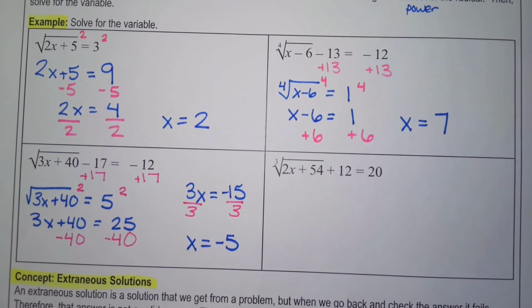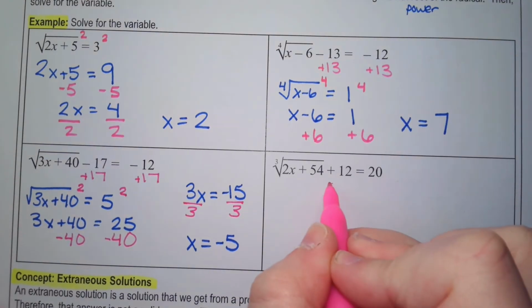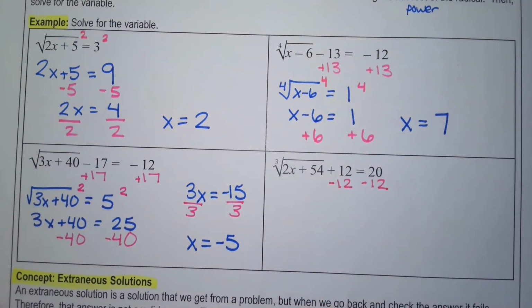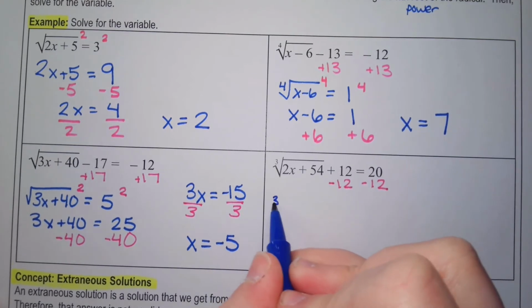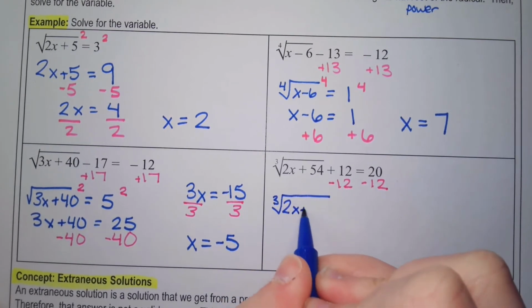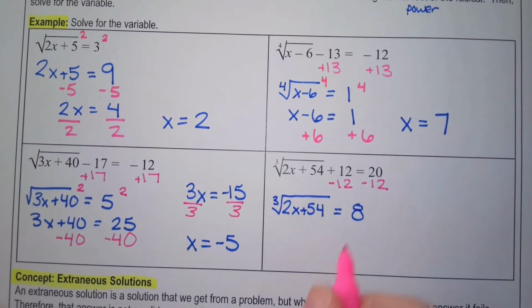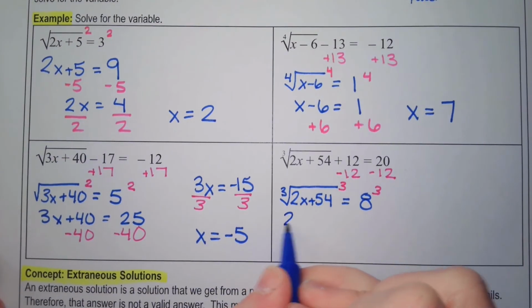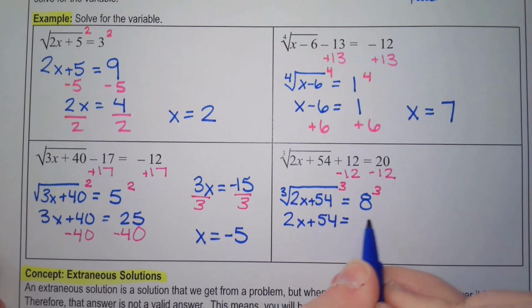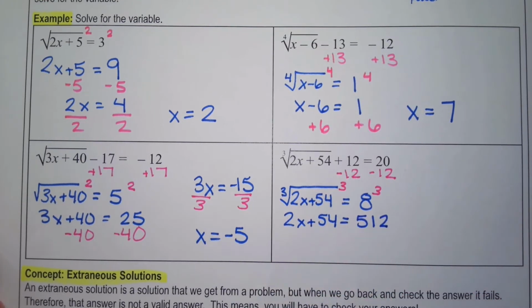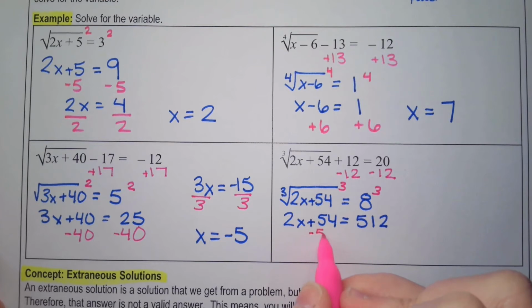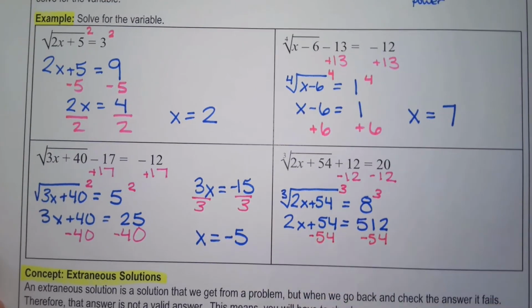All right, cube root of 2x plus 54 plus 12 is equal to 20. So we start, we have to subtract 12 from both sides. So the cube root of 2x plus 54 is equal to 8. Take both sides to the third power to cancel out our radical. We have 2x plus 54 is equal to 512. Subtract 54 from both sides.